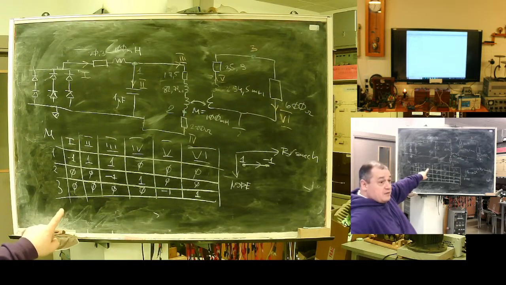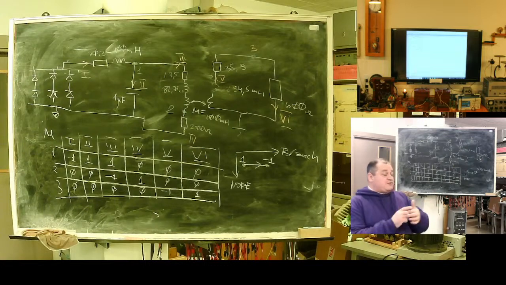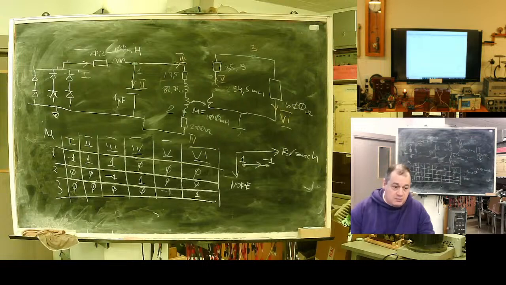You see? So elements 3,5 and 5,3 equal J omega multiplied by 100 minus 3, because I have 100 millihenries of mutual inductance. I have put my mutual inductance in the resistance matrix.